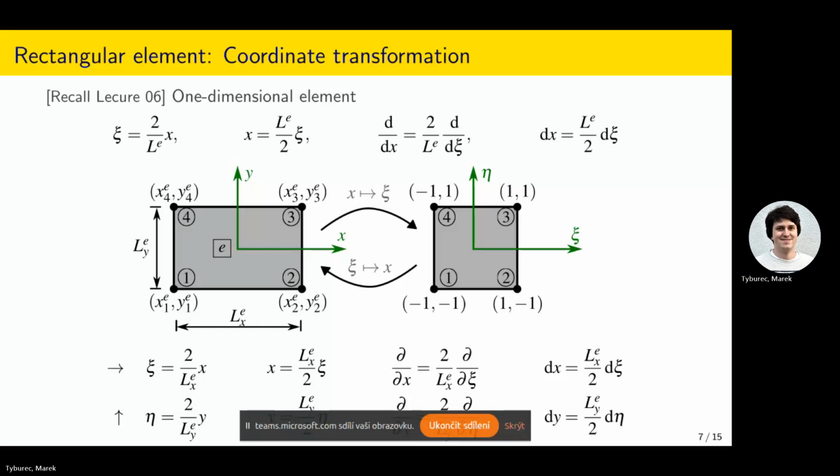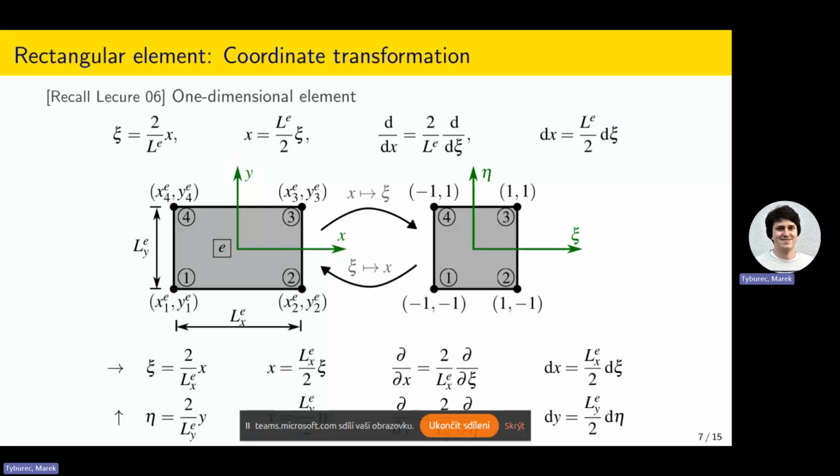Right. So essentially this is what appears in this slide. We have these elements, originally defined in a domain where the nodes have coordinates x1, y1, x2, y2, and so on. But we map it onto a different domain, which has strictly defined coordinates.